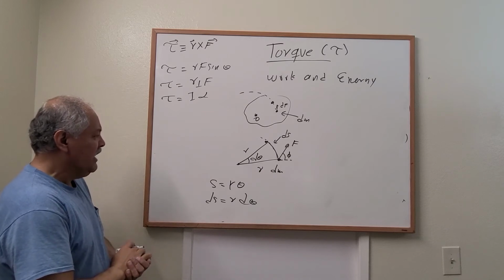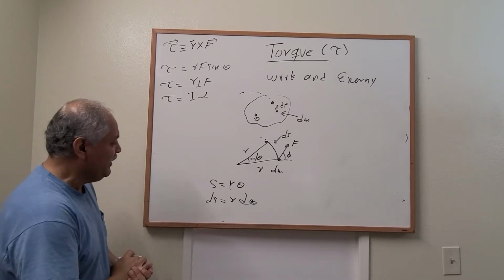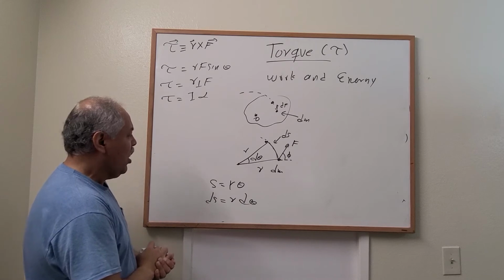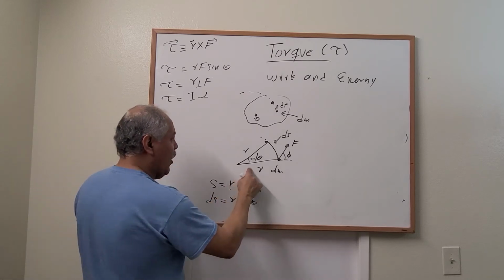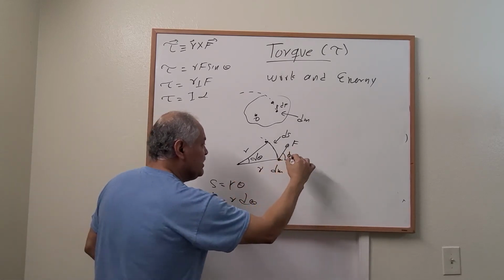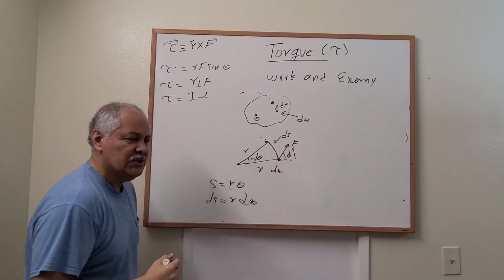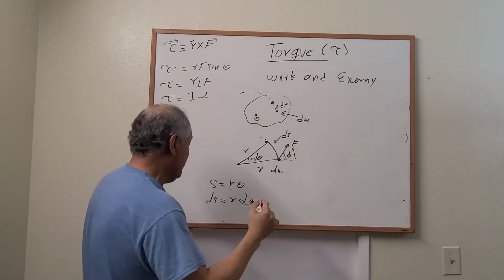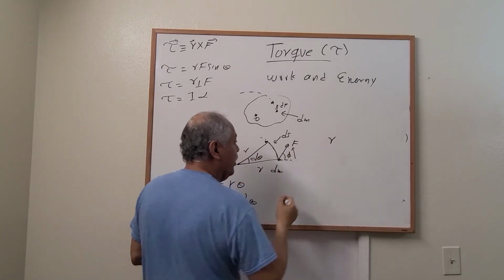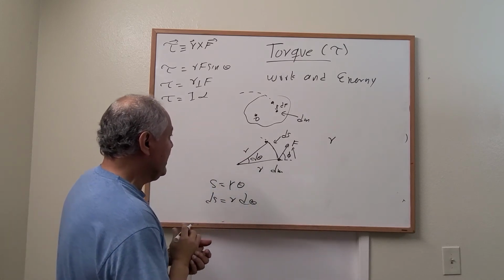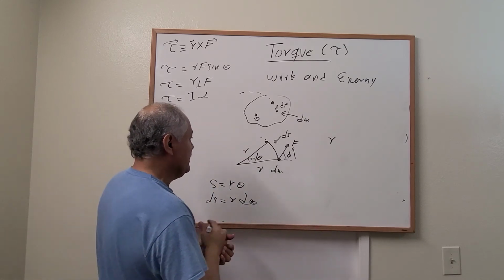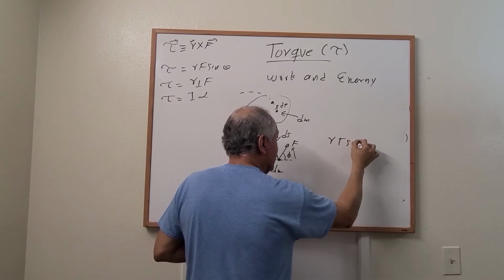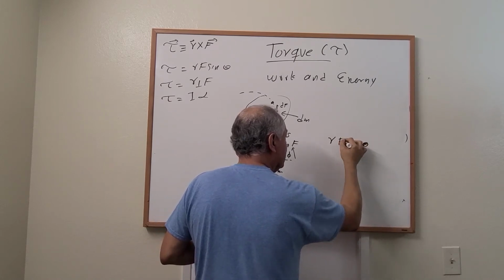Now let's make the product of these two quantities, R cross this component, the component that produces the torque, remember? So we have R times the force times sine theta, correct?